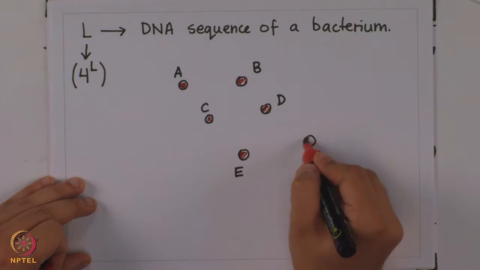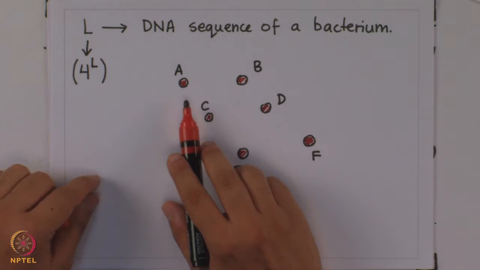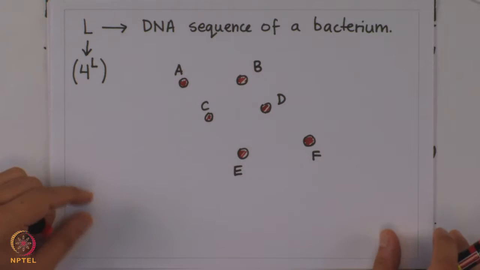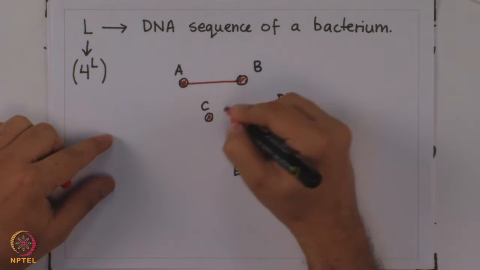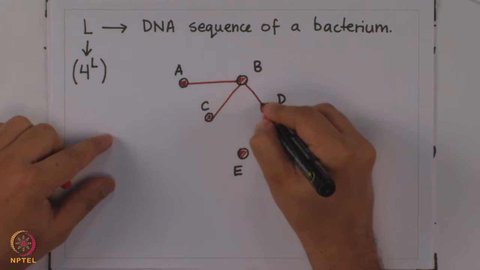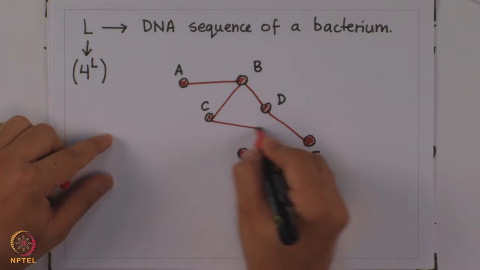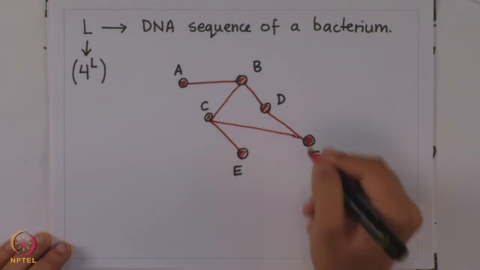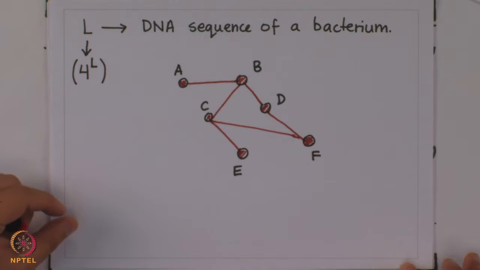So, we are going to establish these connections, and a connection would mean that you can go from one node to another by acquisition of a single point mutation. And if that is the case, let us define these relationships to be of this sort. Let this be the graph that we are talking about. So, you can see connections between some of the nodes, but not all, and all possible connections do not exist on this graph.